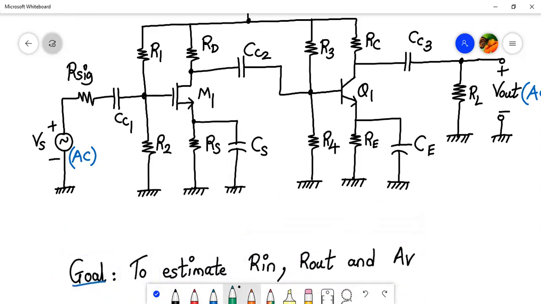So let me take a color green and let me identify which is the source over here for you all. So over here, the left hand side of this region is my source. Then I have the first stage. This is my first stage.